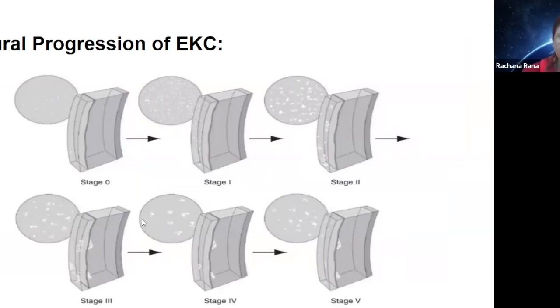In stage 3, the fine punctate epithelial keratitis is much less, but there is coarse keratitis along with subepithelial infiltrates. In stage 4, there are more subepithelial infiltrates rather than punctate epithelial keratitis. So stage 4 and stage 5 consist of subepithelial infiltrates, where we need corticosteroid.